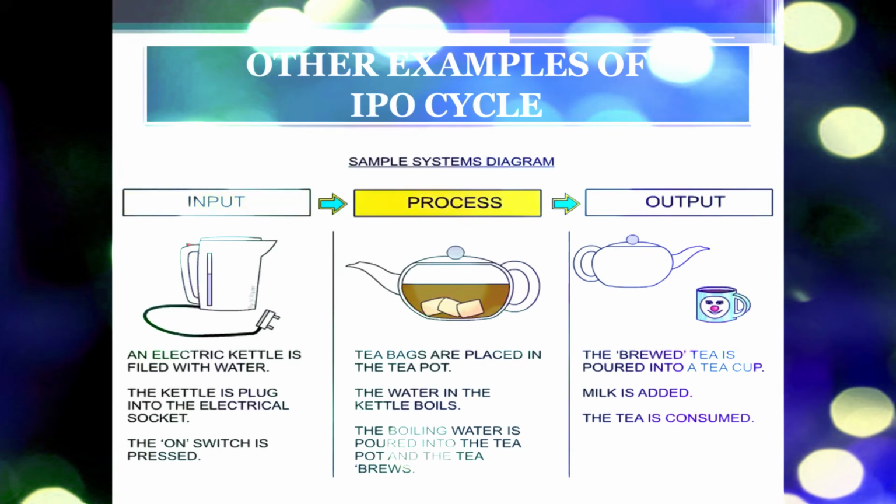The water in the kettle boils. The boiling water is poured into the teapot. Now the tea is brewed. The milk is added later on. That's how my tea is ready, and it is ready for drinking. Of course, the way of making tea differs from place to place, but here we have applied it.